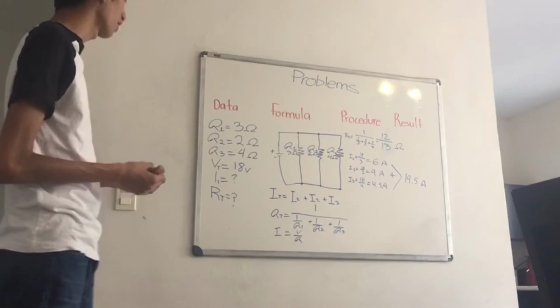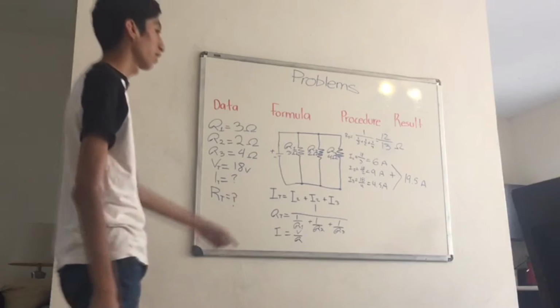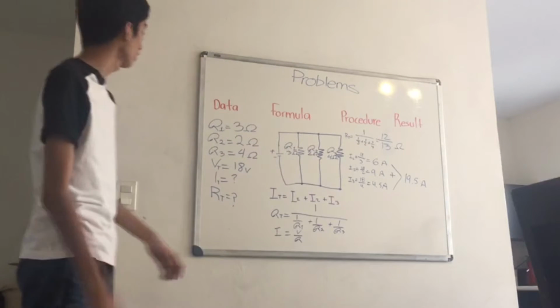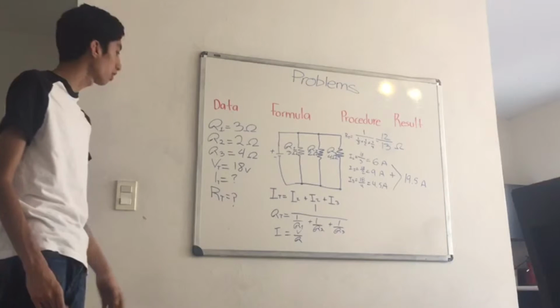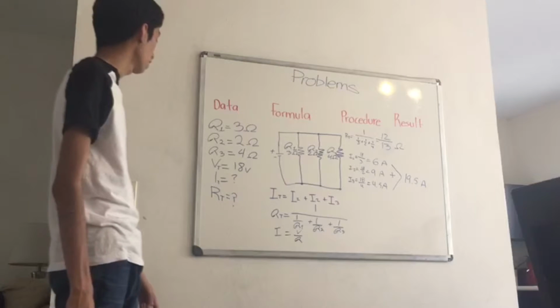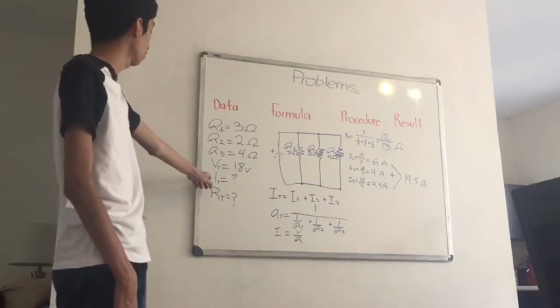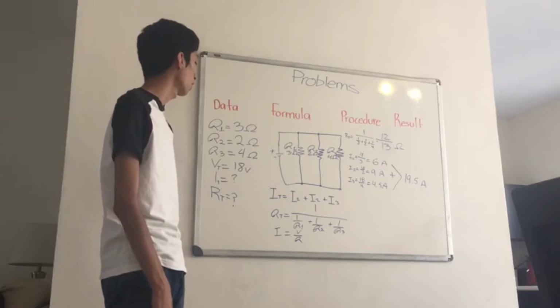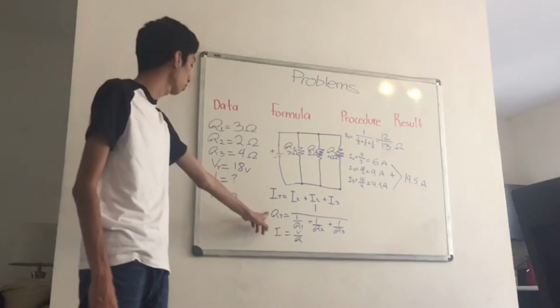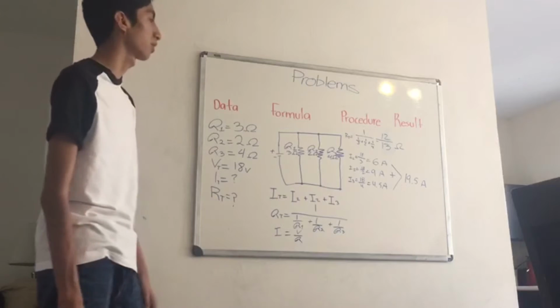I'm going to explain a parallel circuit. In this circuit, the first resistor is 3, the second one 2, and the third one 4. First of all, in parallel circuits, the voltage is the same. In this case, it is 18 volts. To get the total current, we only need to add the currents of each resistor, and this is the formula to get the total resistance.